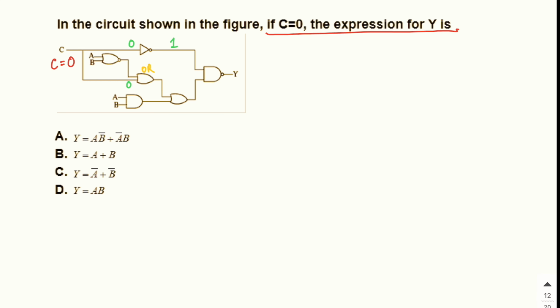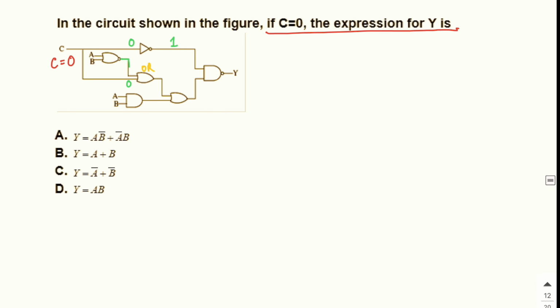So in this case, the output would actually be the second input, which is coming over here, and this input is (A plus B) whole bar. So at the output of this OR gate, we'll be getting this, because (A plus B) whole bar will come over here first, and because C is equal to 0, the output of this OR gate will be (A plus B) whole bar.